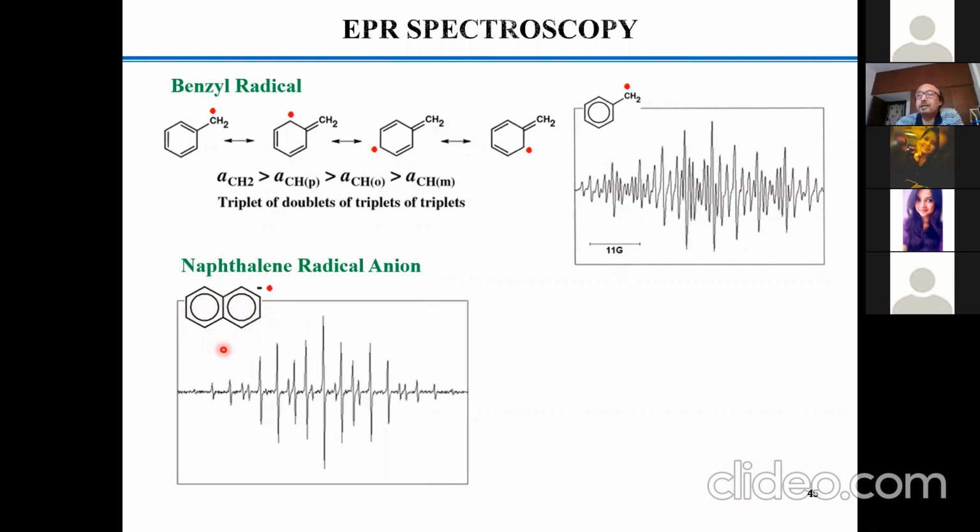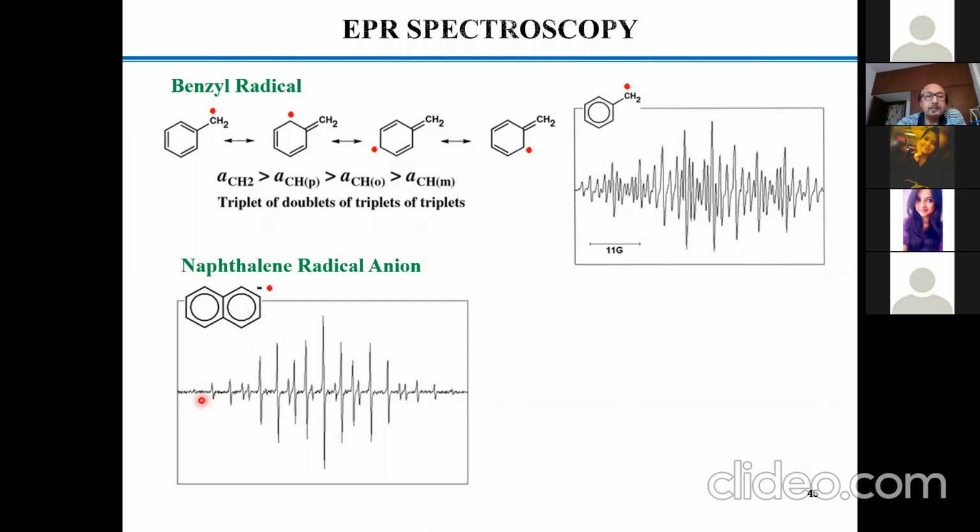If it is delocalized over the two rings, then your number of protons are 1, 2, 3, 4, and 8. Then 8 means you will have 8 equivalent protons. If it is delocalized completely, all the protons are equivalent, then you will have 8 protons, and if it is 8 protons, then 9 lines.